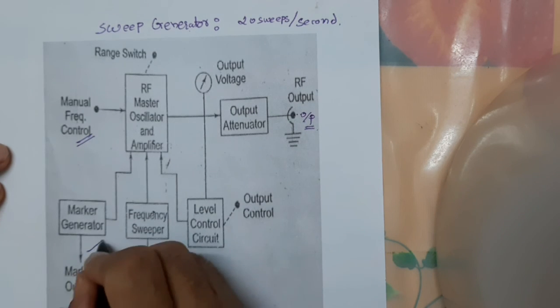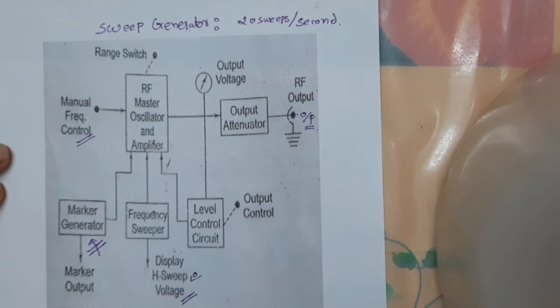To identify the frequency interval, a marker generator is provided. This marker generator provides half sinusoidal waveforms at any frequency within the sweep range.